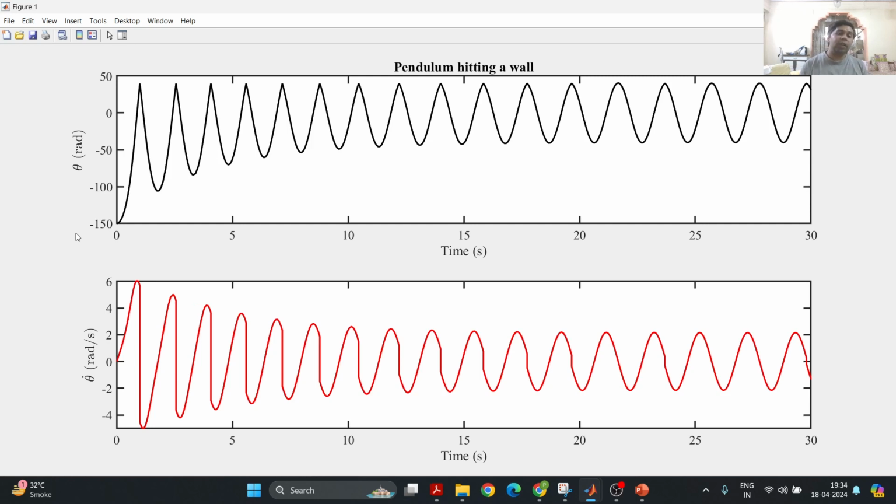So in each impact it will lose some kinetic energy, so then it will come back to a lesser and lesser maximum angular position, and finally it will reach an angular position such that it will almost not hit the wall at all.